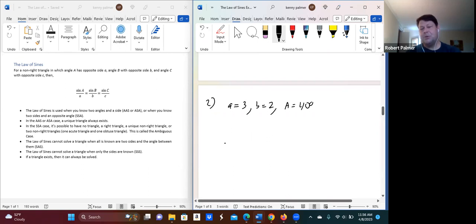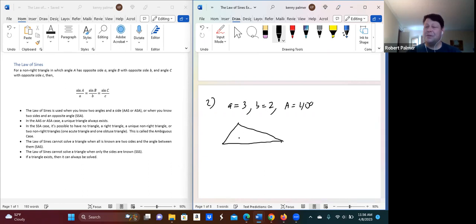We have to be careful though, because you're not sure exactly if this is going to look like this. So I'm drawing this triangle, but it might not look exactly like this. But at least we have something to see and put everything in proportion. Okay, so this is angle A, which is 40 degrees. Side A is 3. Side B is 2.